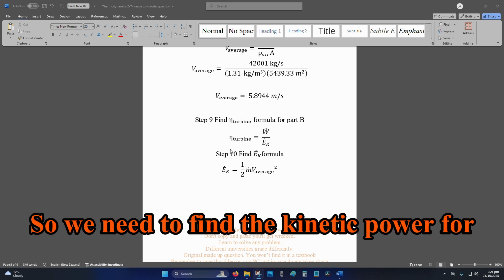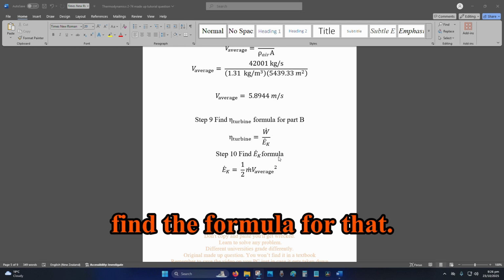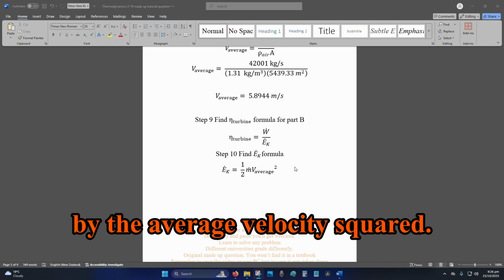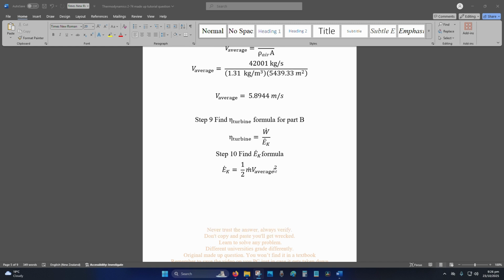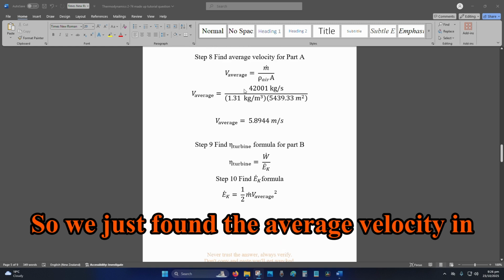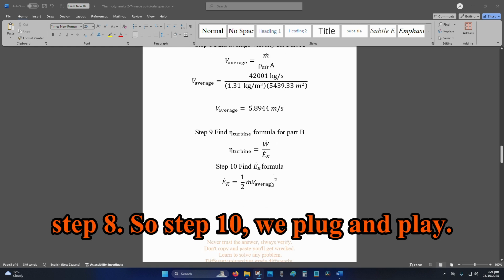So we need to find the kinetic power for step 10, and we're going to find the formula for that. That is half mass flow rate multiplied by the average velocity squared. We just found the average velocity in step 8.